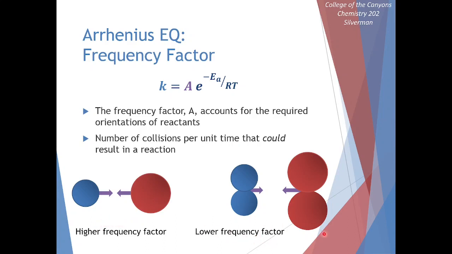However, in the picture on the right, we have two maybe diatomic molecules that need to collide perhaps exactly side to side. There's less symmetry for these molecules than there is for our perfect spheres. If they need to collide side to side like this, our frequency factor has to be smaller. There are fewer ways to have that good collision, so we're going to have fewer good collisions every second.